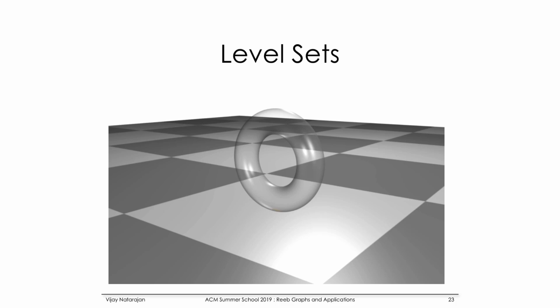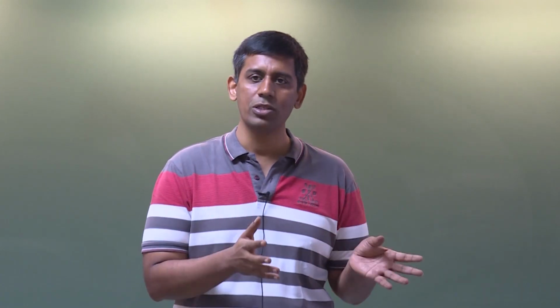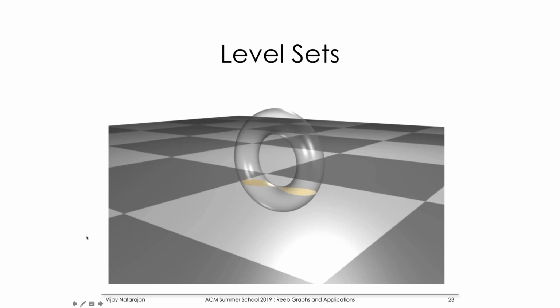Saddles were what happened? What happened at saddles? Either 1 became 2 or 2 became 1. So both can happen, right? So you see a connection. Morse theory is actually the study of this connection between level sets, their topology, connectivity, and critical points of functions, right?